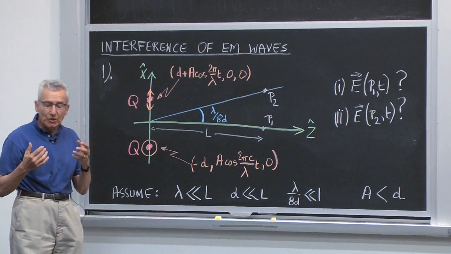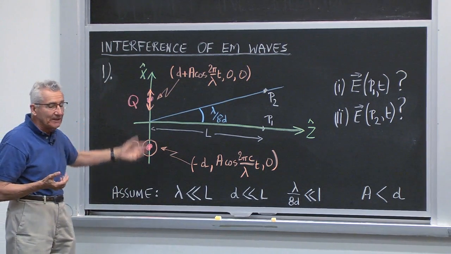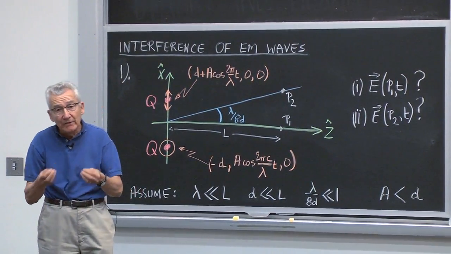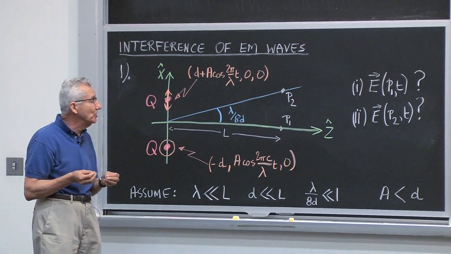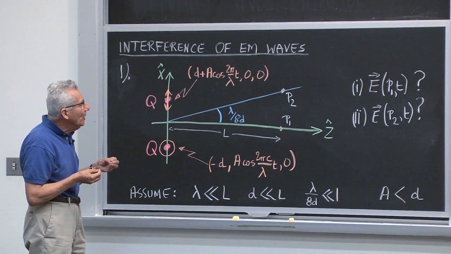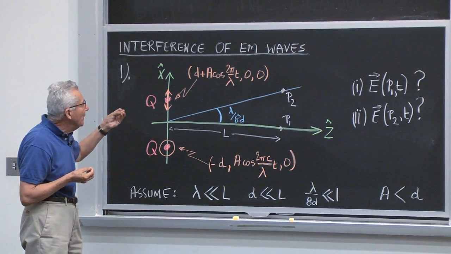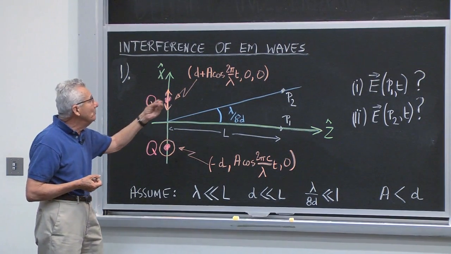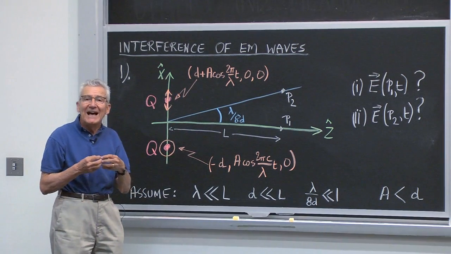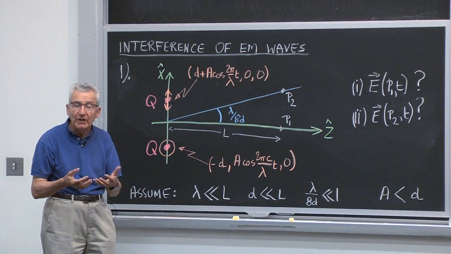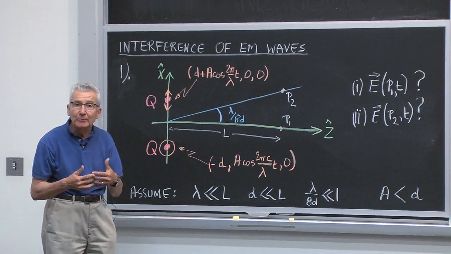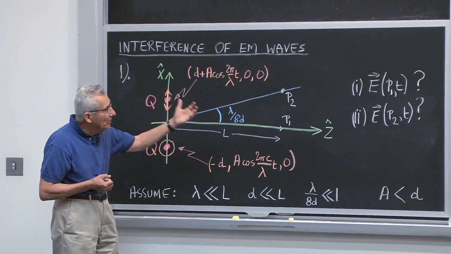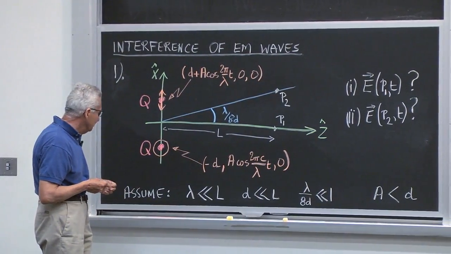Now, because the electromagnetic waves are solutions of the electromagnetic wave equation, which is a linear equation, if we have a coherent source of radiation, at any point we simply add vectorially the electromagnetic waves. The electric fields you add vectorially, or the magnetic field.